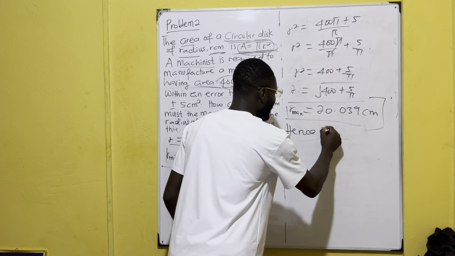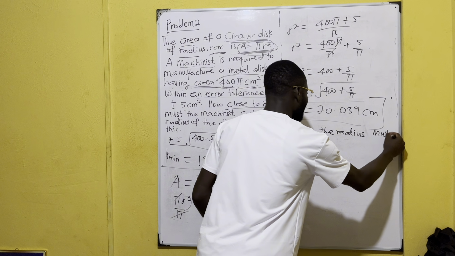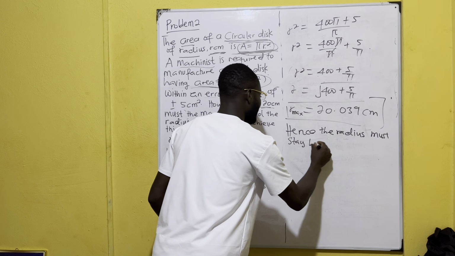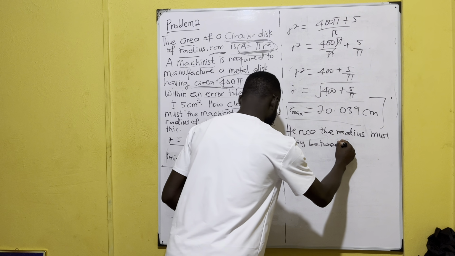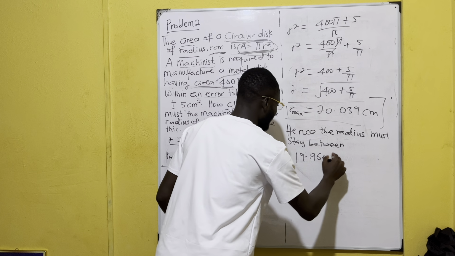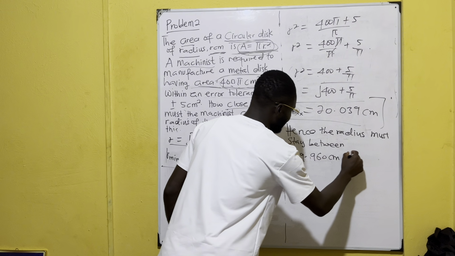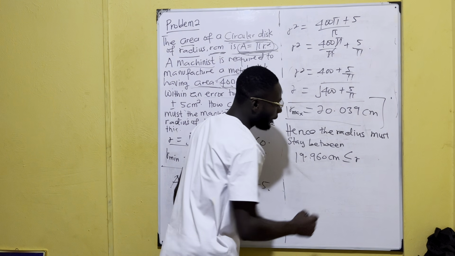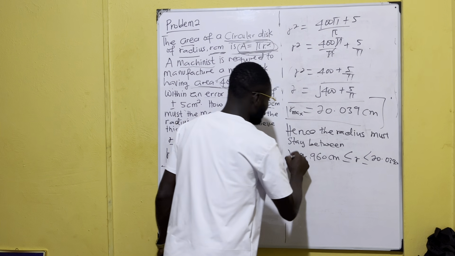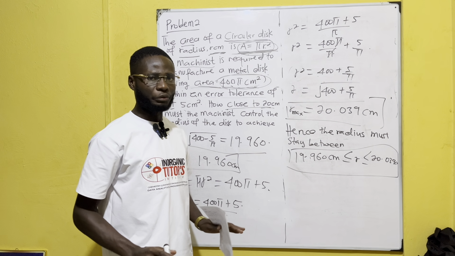Hence, the radius must stay between 19.960 centimeters less or equal to r, less or equal to 20.039 centimeters. So the radius must stay within this range, okay? It must not go beyond.